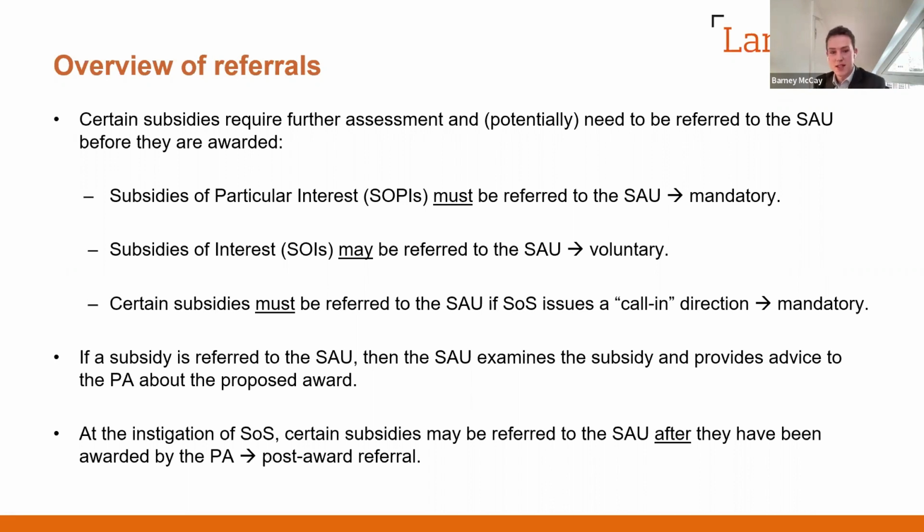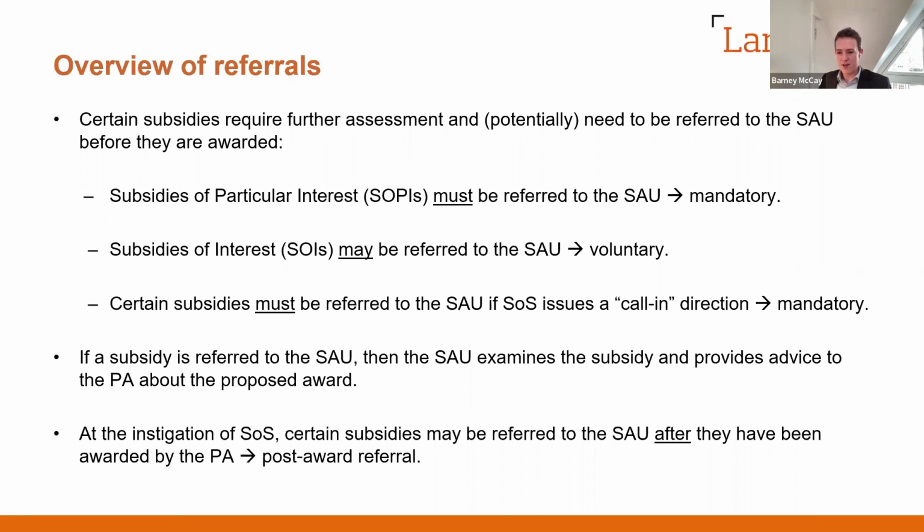And certain subsidies must be referred to the Subsidy Advice Unit by the public authority if the Secretary of State issues a call-in direction. So that's another process of mandatory referral that can occur before a subsidy can be awarded. If a subsidy is referred to the Subsidy Advice Unit, then the unit examines the subsidy and can provide advice to the public authority about the proposed award.